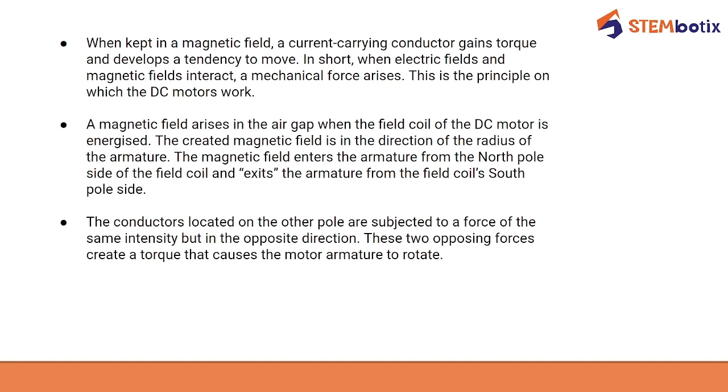The basic working principle of a DC motor is that whenever a current carrying conductor is placed in a magnetic field, it experiences a mechanical force. So our DC motors are made in such a way that there is a permanent magnet and also a field coil.